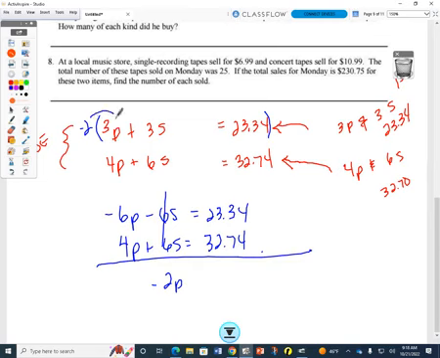I multiplied this, I multiplied this. Did I multiply this? No. Super common mistake. I hate to be the example for the mistakes all the time, but at least I'm good for something. And that's a negative. So -2p equals, I don't know, but you guys can do it from there.